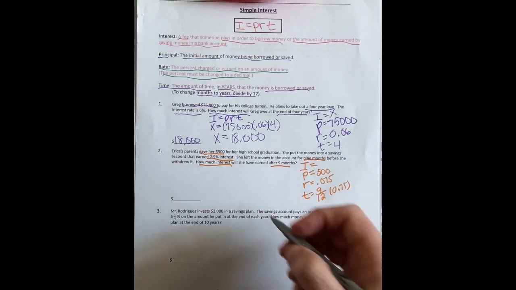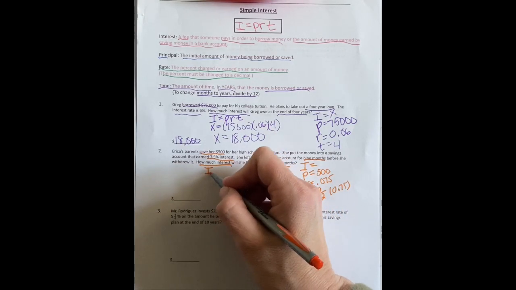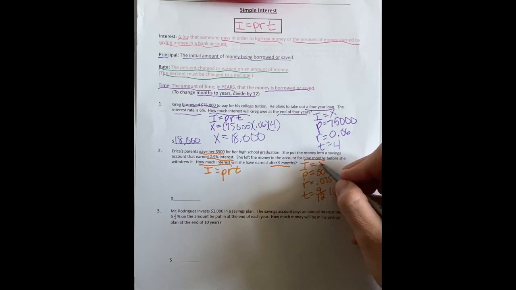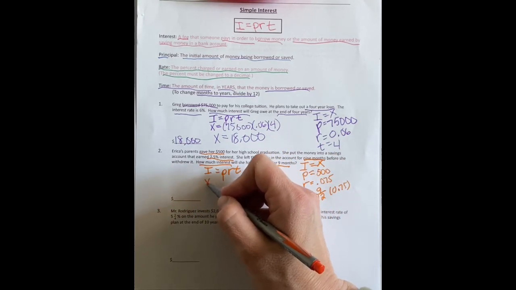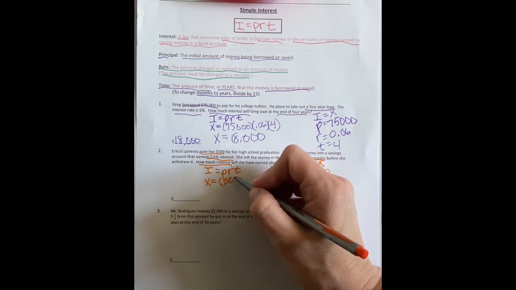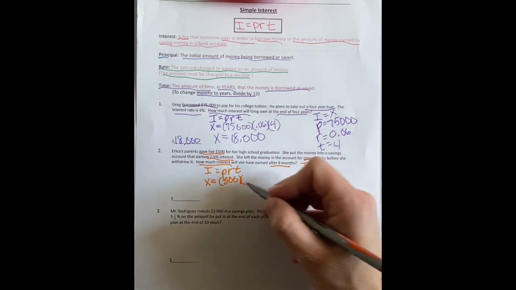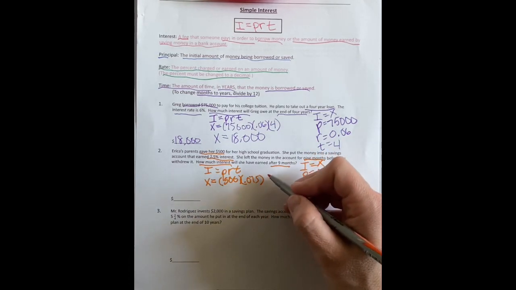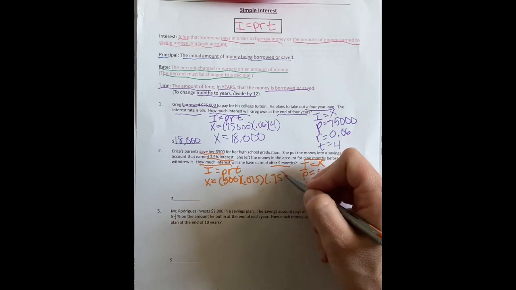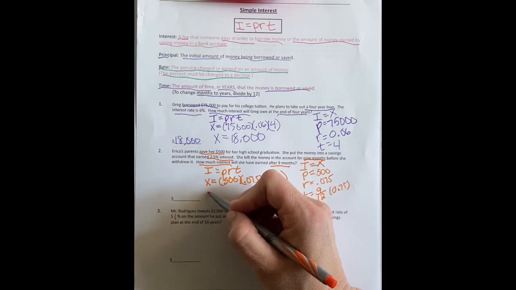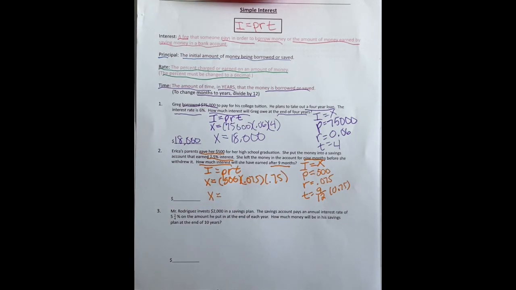So now we're going to apply this to our interest formula. I equals PRT. So our interest is unknown, so that's our X, equals, our principal is 500, the rate is 0.075, and your time is 0.75 years because it's less than a year, it's 9 months. Now we're going to multiply that together to get the total amount of interest.